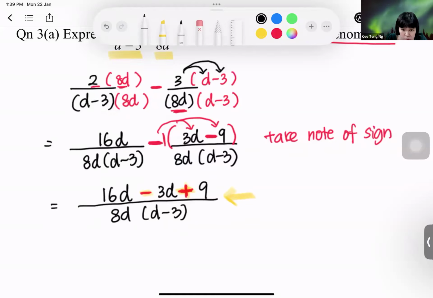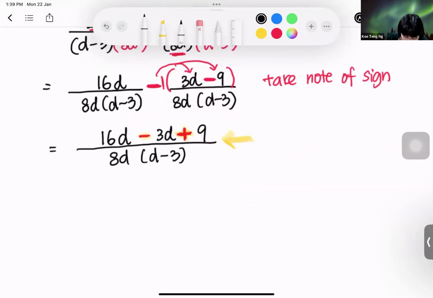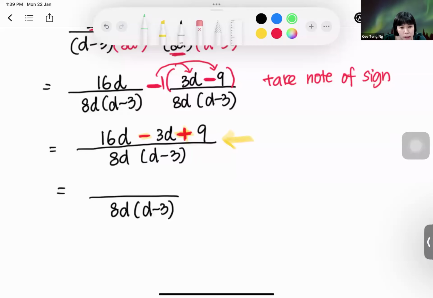Now, do not expand the denominator. We are going to simplify our numerator. So 8d, d minus 3. Simplify our numerator. What can be added together? Which ones have the same type of units? So this is 16d with the negative 3d.